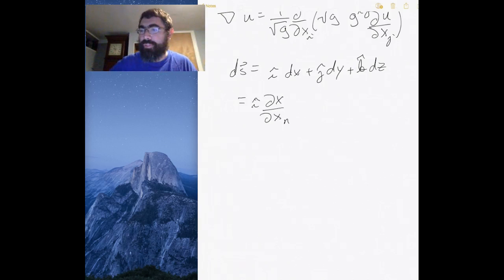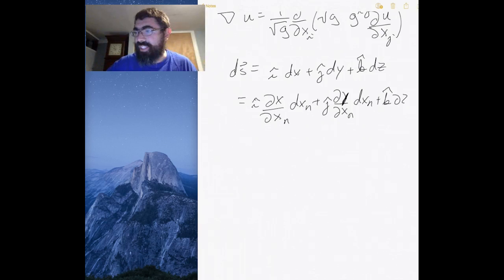So that's a different one. So Cartesian to some other coordinate system: i dx/dxn dxn plus j dy/dxn dxn plus k dz/dxn dxn.